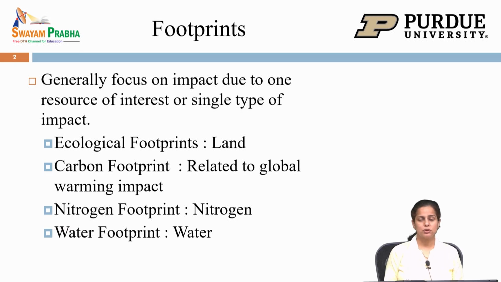It is more towards the impact and our capacity to actually exceed that limit. Nitrogen footprint would be specifically on the nitrogen flows and water footprint is about water, and we will get into the details of each of the resources and how these footprints are proposed as metric for assessment of sustainability.